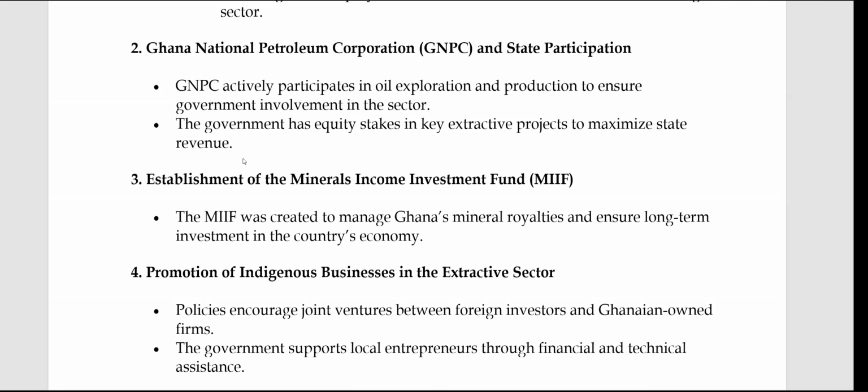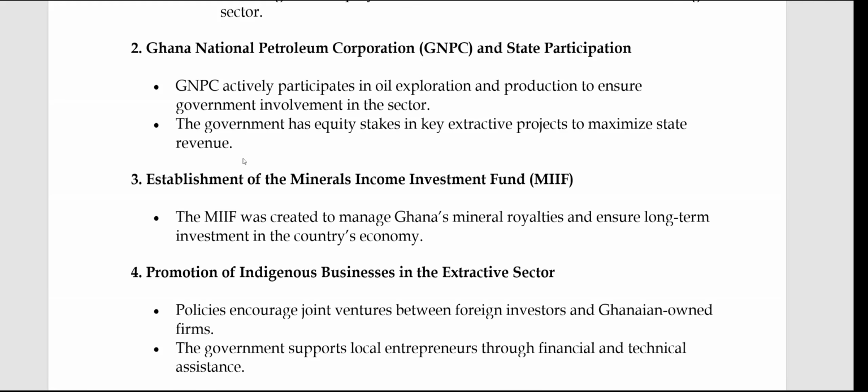The government has equity stakes in key extractive projects to maximize state revenue. Establishment of the Minerals Income Investment Fund. The MIF was created to manage Ghana's mineral royalties and ensure long-term investment in the country's economy.